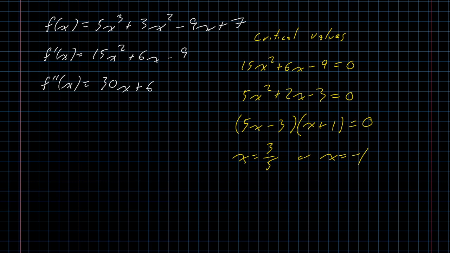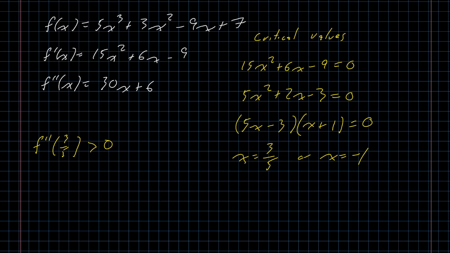Now, to test these, we are going to go to the second derivative. F double prime of 3/5. Well, 30 times 3/5 is 18. 18 plus 6 is 24. The only thing that matters is that that is greater than 0.